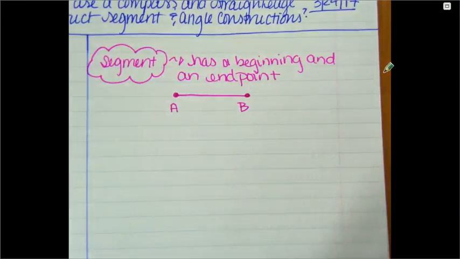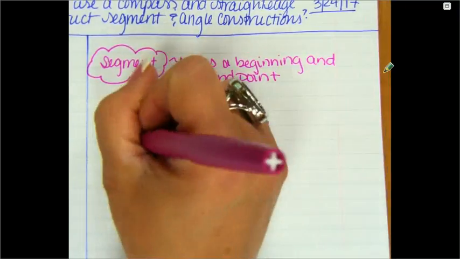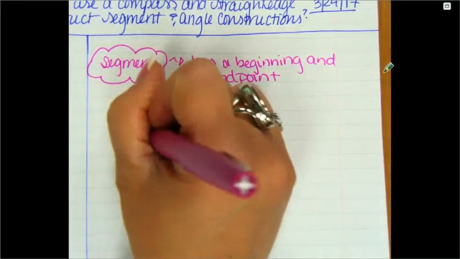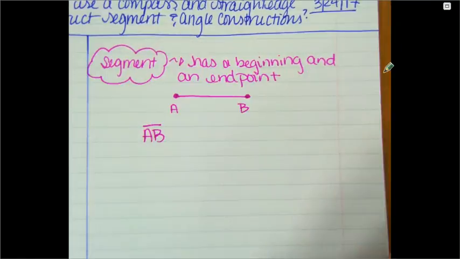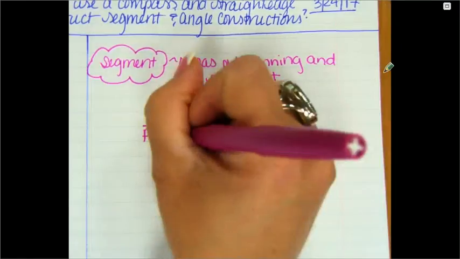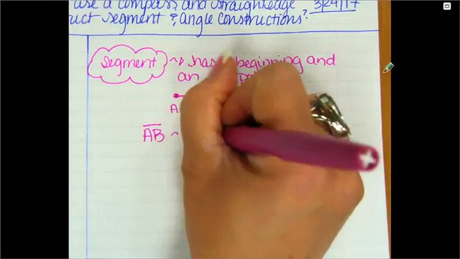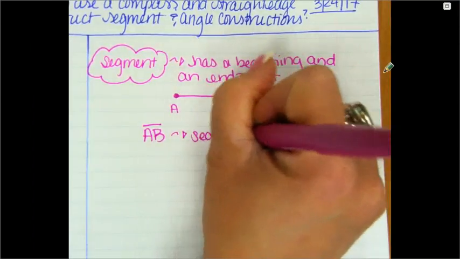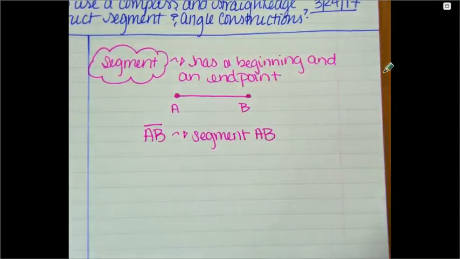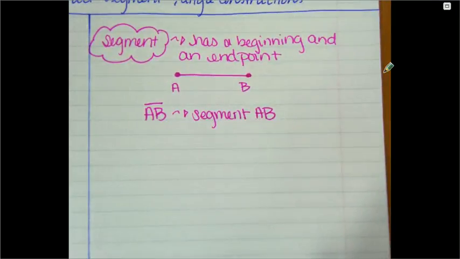Looks like this. Its name, we write it like that. This is the way you say it, it is called segment AB. Segment AB. Okay.